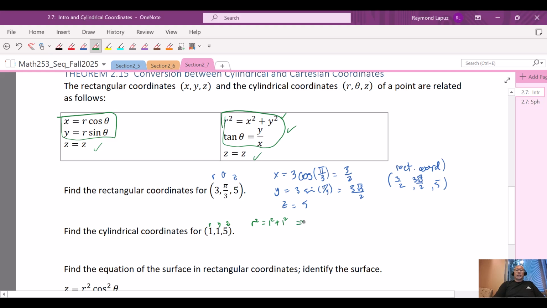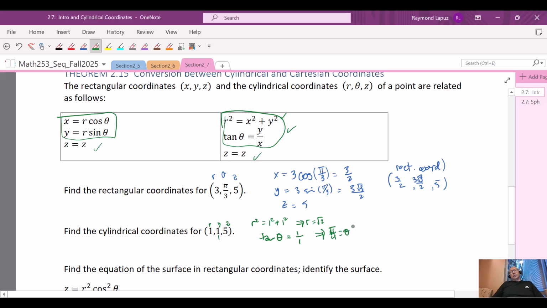So we're going to get r equals square root of 2. And then our theta will be dependent on this equation where the tan of theta is equal to y, that's 1, over x, which is also 1. So this is 45 degrees, or let's call it pi over 4. So that would be our theta.